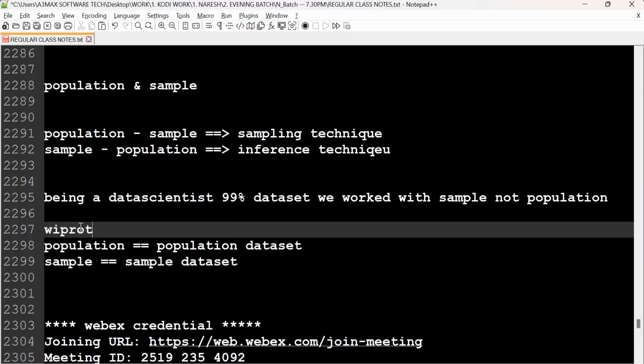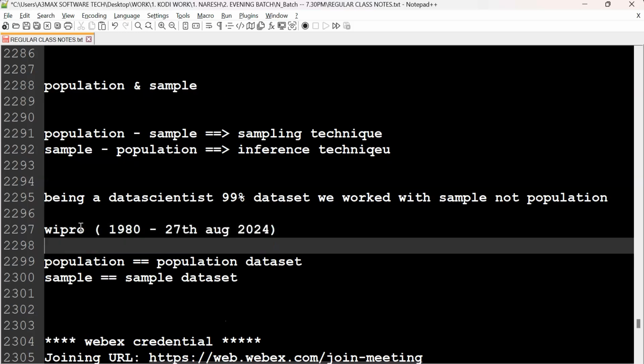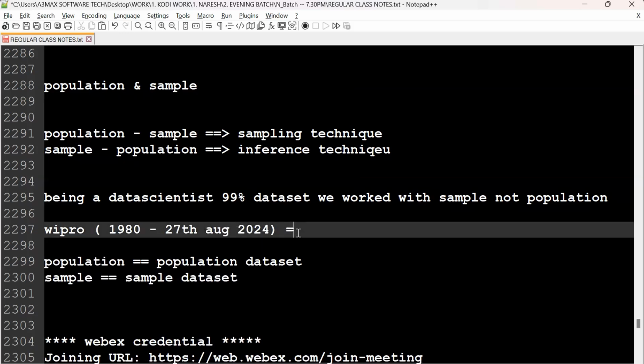Assume the Wipro organization has been established in the market from 1980. What is today's date? 27th August 2024. Assume Wipro has how many years of data, guys? This is 1980, something like 2024 minus 1980, 44 years of data or not?